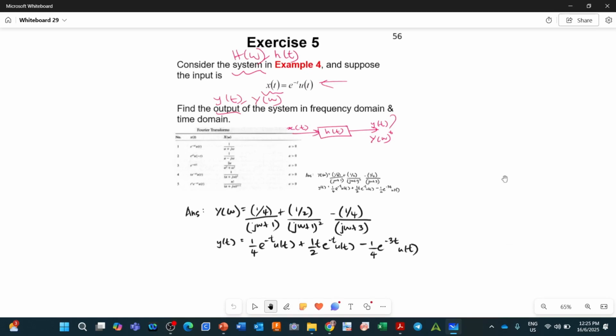Basically, if you look at this, for Y(omega) you get A equal to 1/4, B is 1/2, and C is minus 1/4.